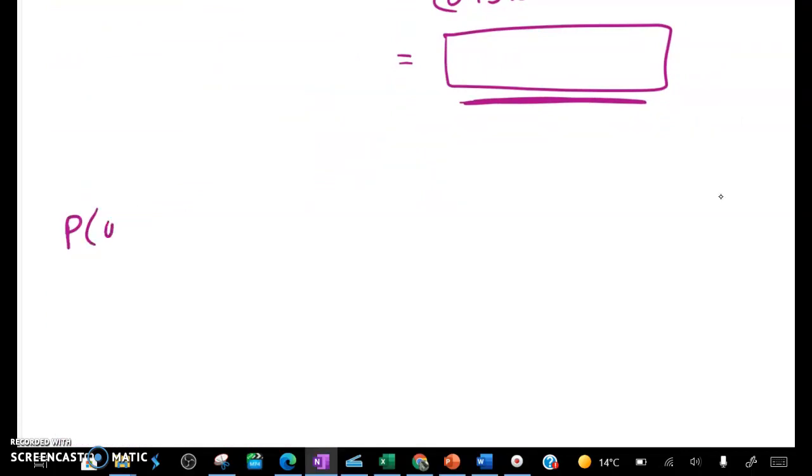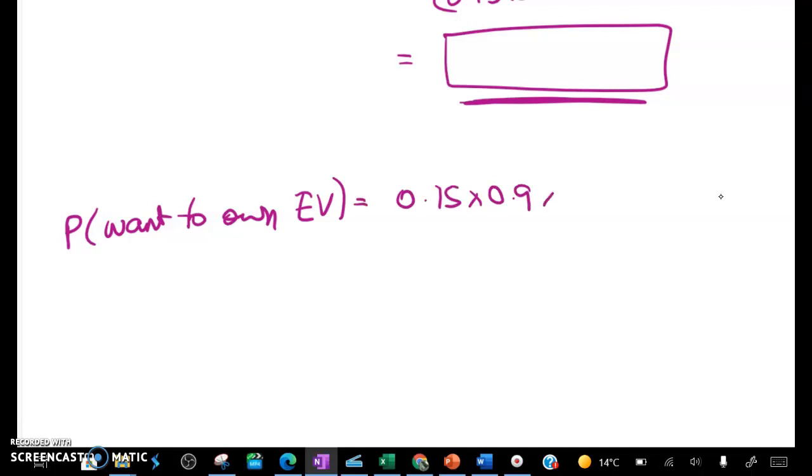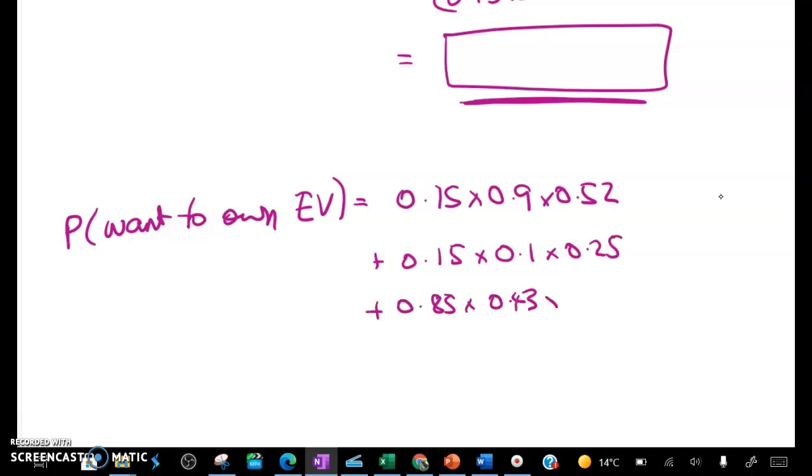Right, so the probability that someone wants to own an EV has got these four things in it, right? So 0.15 times 0.9 times 0.52, and some of you in my class will have done these at the end of the tree, so that's fine, plus 0.15 times 0.1 times 0.25 plus 0.85 times 0.43 times 0.36 plus 0.85 times 0.57 times 0.6.